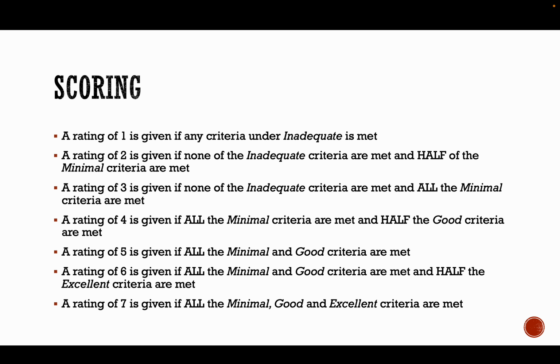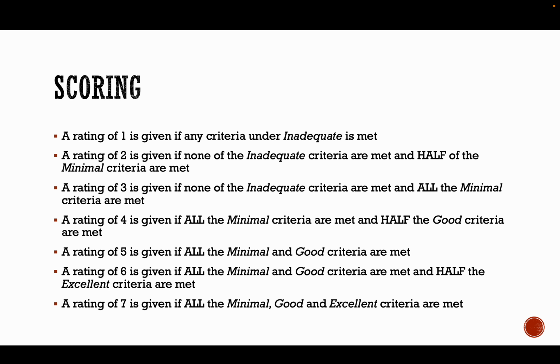So scoring. A rating of 1 is given if any criteria under the inadequate heading is met. A rating of 2 is given if none of the inadequate criteria are met and half of the minimal criteria are met.